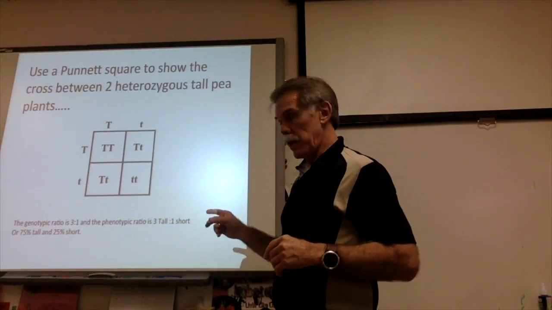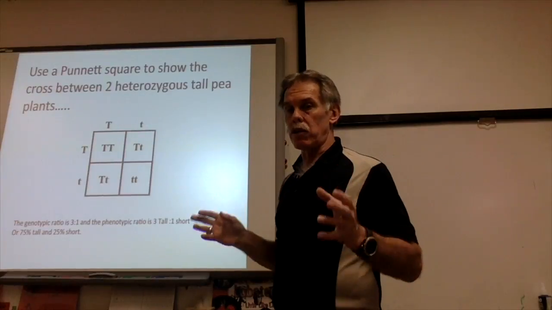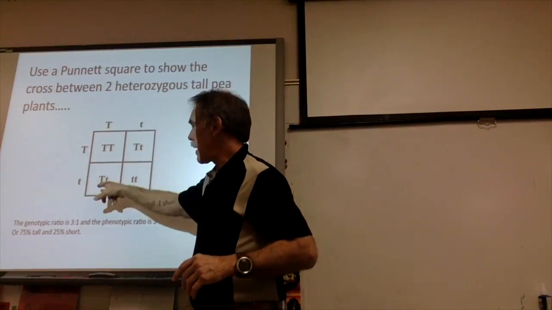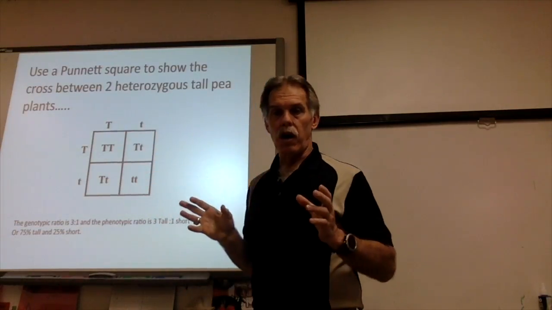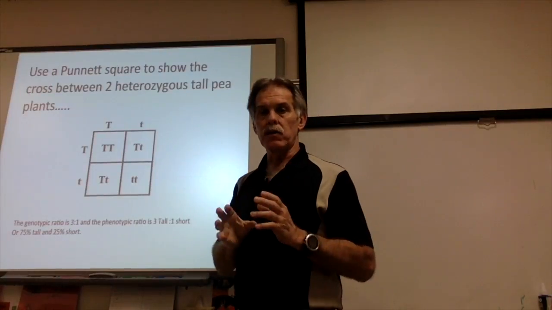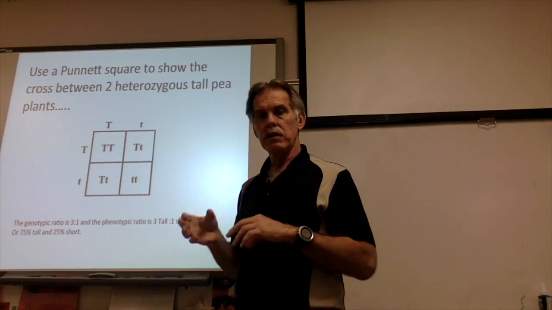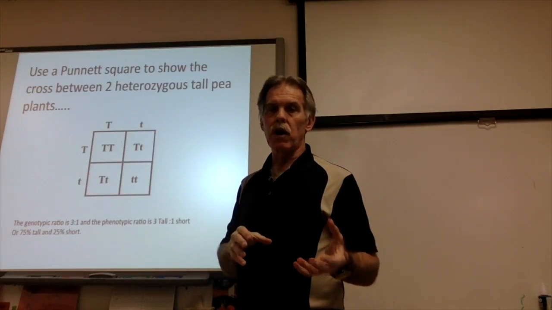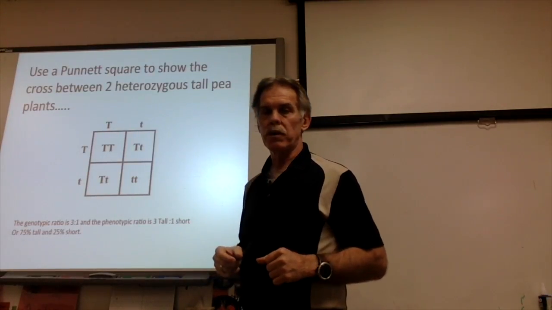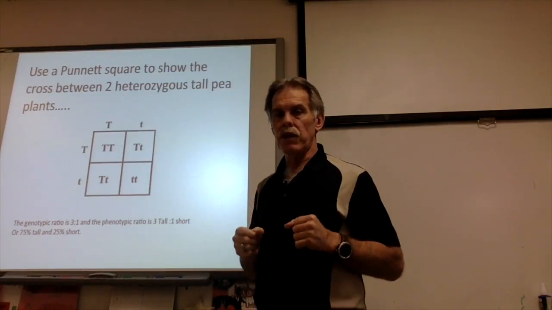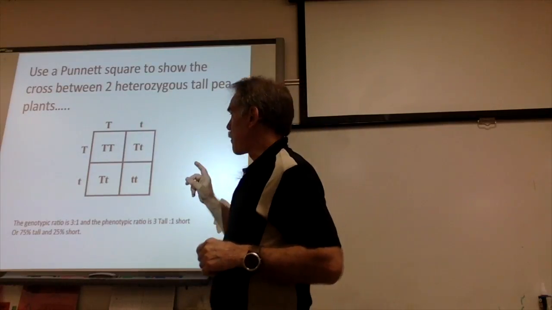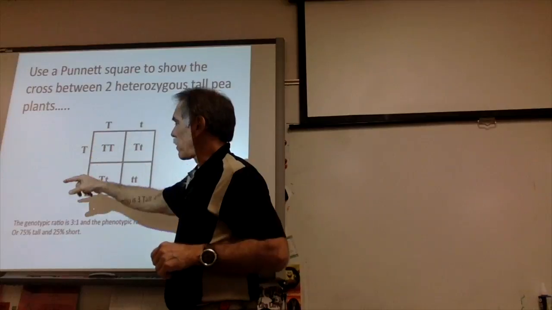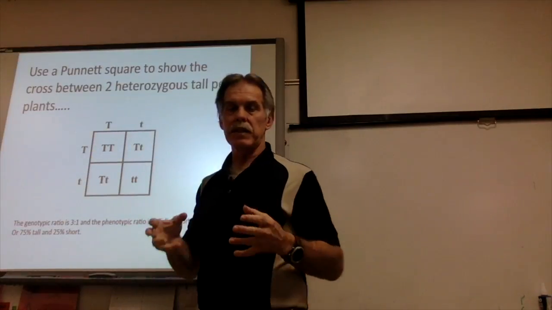The phenotypic ratio is the physical appearance. 3 out of 4 are tall. So the phenotypic ratio would be 3 to 1, or 75% tall, 25% short. Genotypic and phenotypic ratio. Remember, these were two heterozygous parents, so we know they're big T, little t, and we showed the cross.